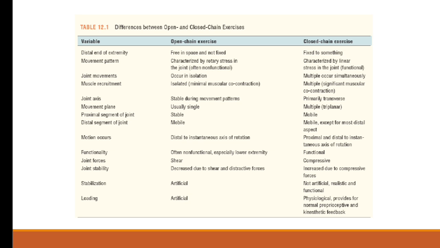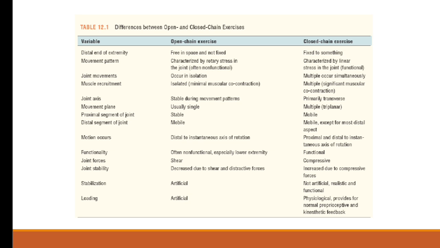Joint movement occurs in isolation in open chain and is multiple in closed chain. Then muscle recruitment would be isolated and multiple in open and closed chain respectively. Then joint axis would be stable during movement in open chain and transverse in closed chain.